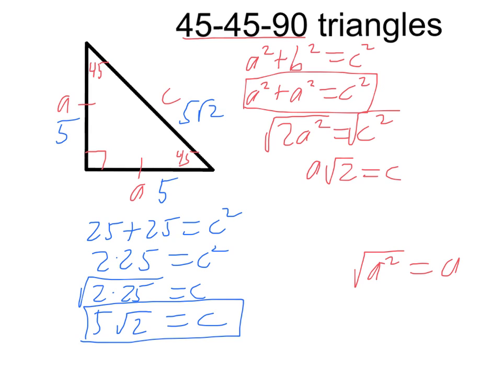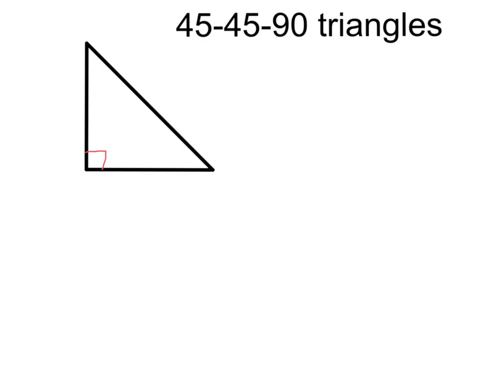So what that means is, if you have a 45-45-90 triangle, if you have these two legs equal and the two legs are a, the hypotenuse is a rad 2.